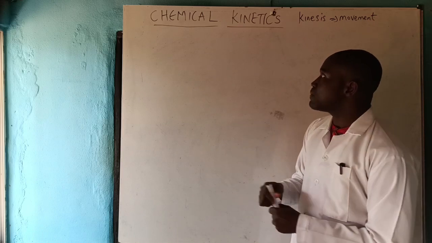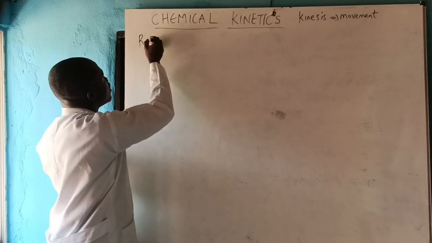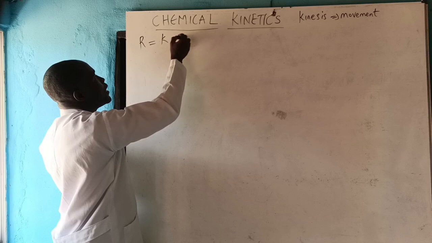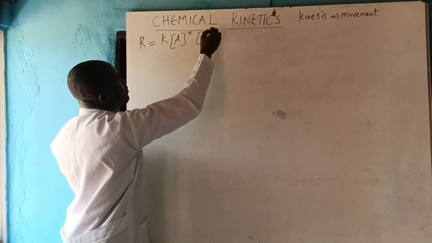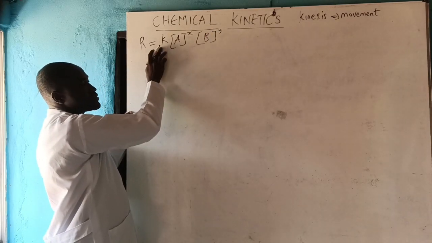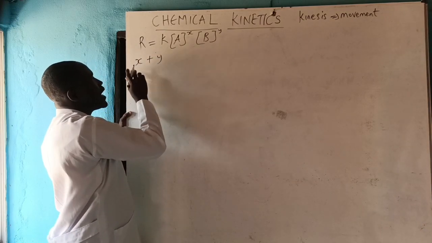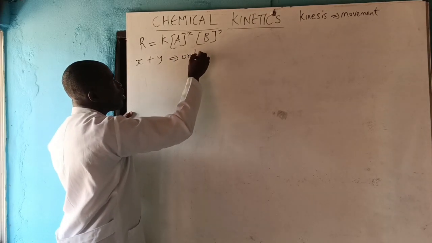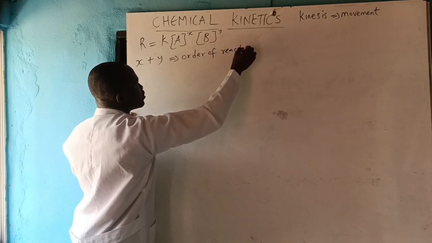So when you have the rate equation equal to k[A]^x[B]^y, where k is the rate constant, it means that when you add this x and this y, what you'll be getting is called the order of reaction.